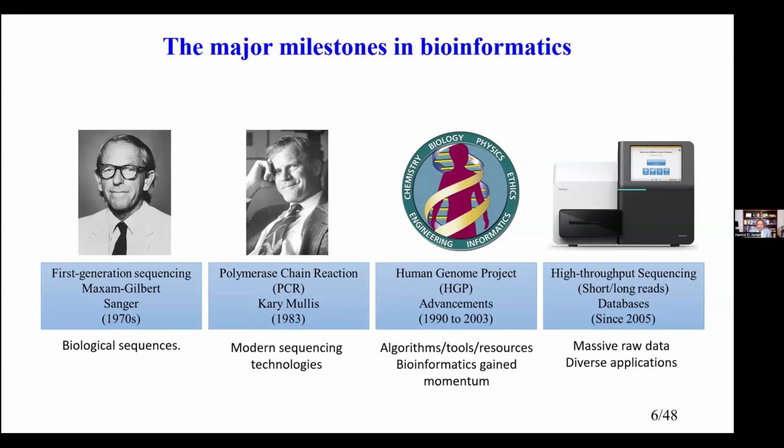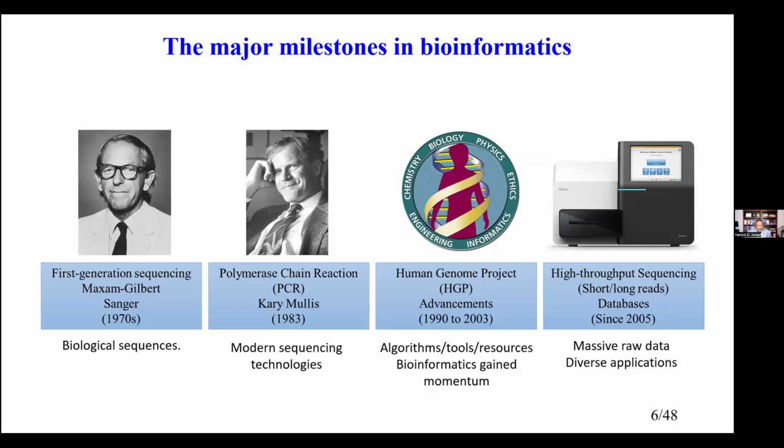Another milestone is the Human Genome Project, which began in 1990 and ended in 2003. They were trying to sequence the human genome, and this project was an international effort from different scientists from around the world.